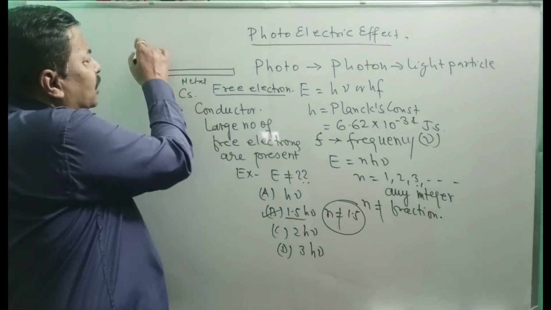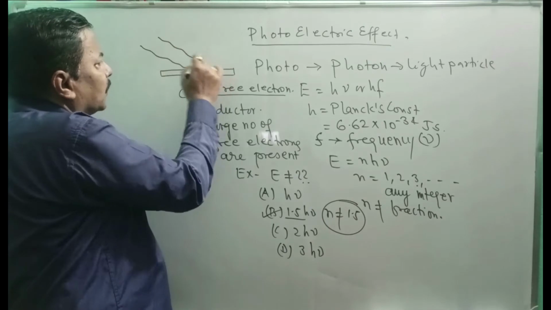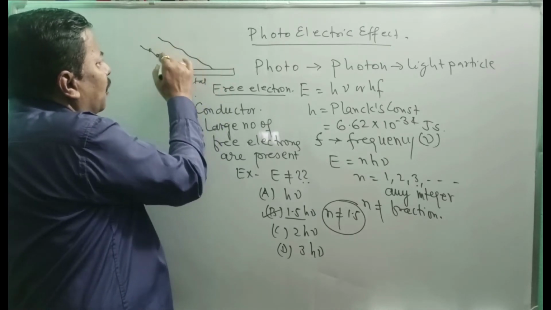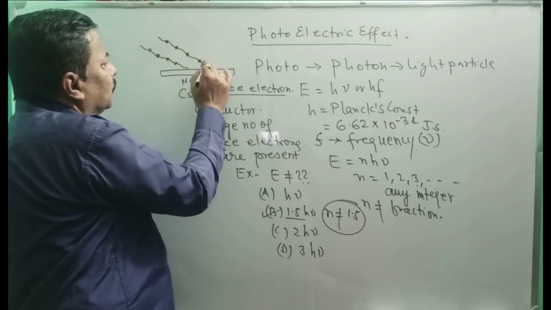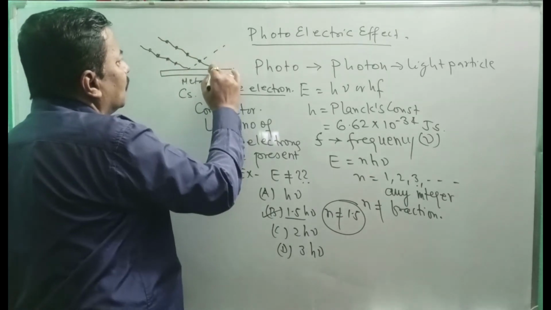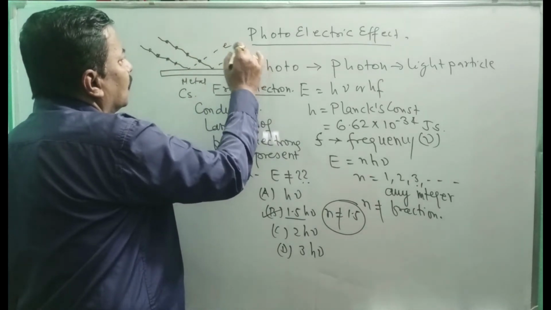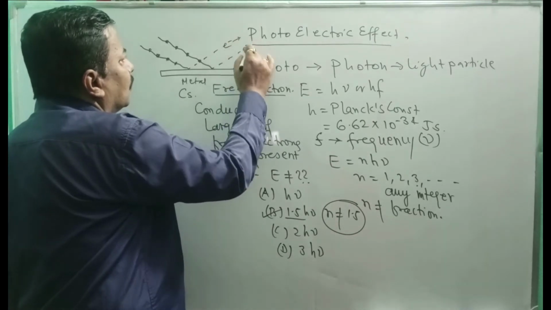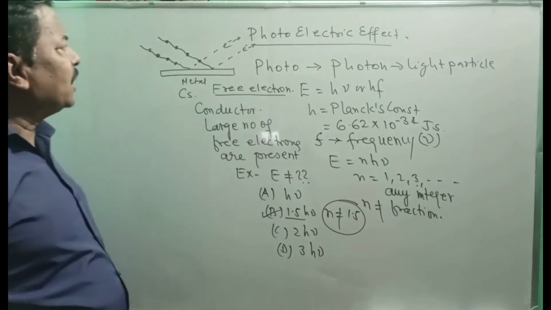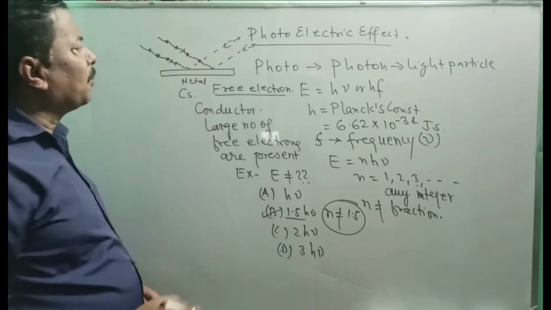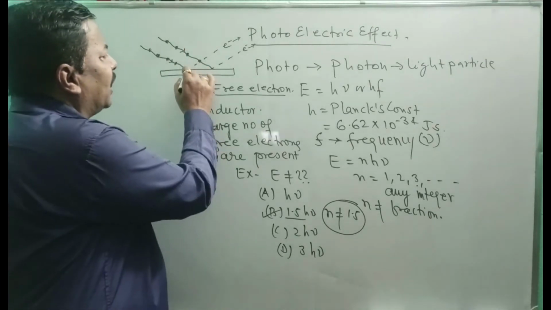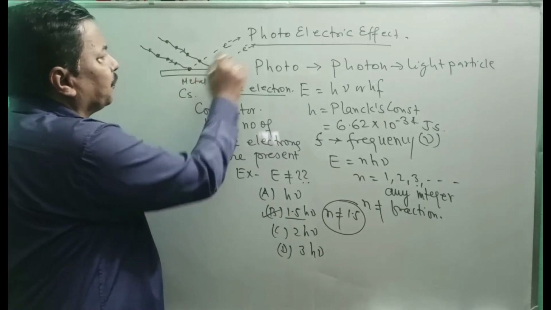Now, if light is falling on this metal surface in the form of photons, then electrons are ejected.